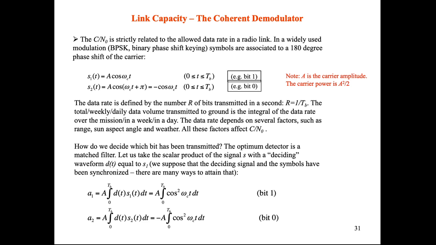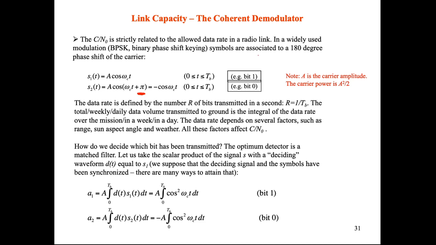We saw a particular modulation, which let me pick up the pen. This modulation is called binary phase shift keying, and by convention we say that we transmit bit 1 if the modulated phase of the carrier is 0, and bit 0 when in the modulation we add a phase equal to pi.